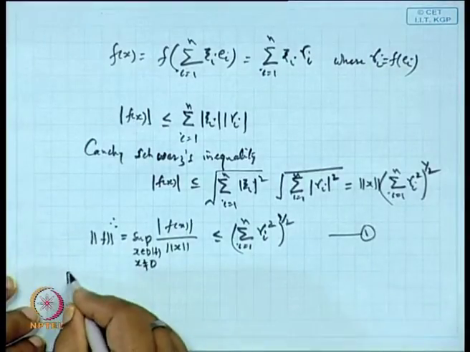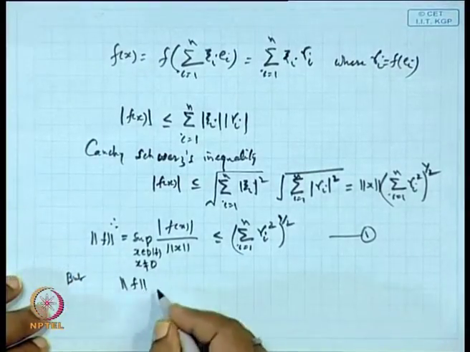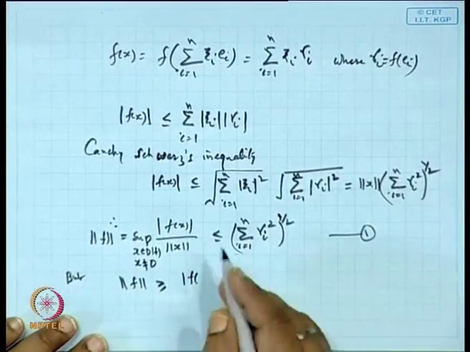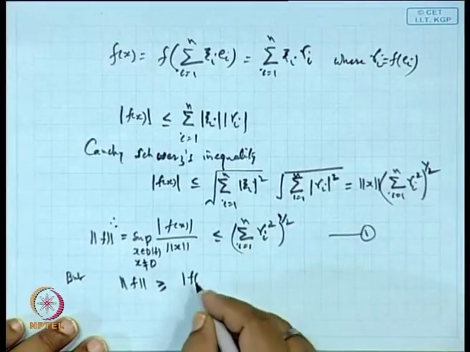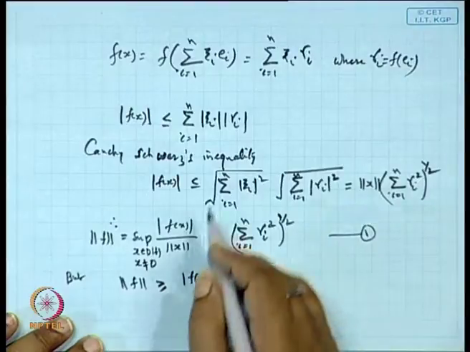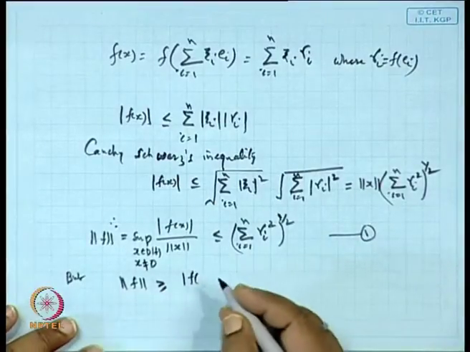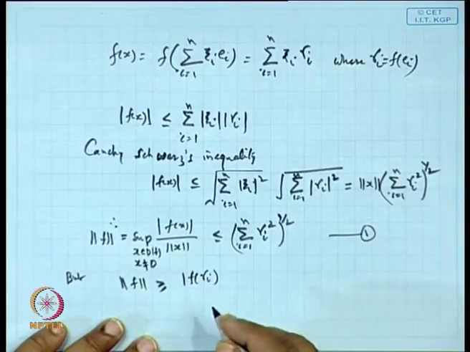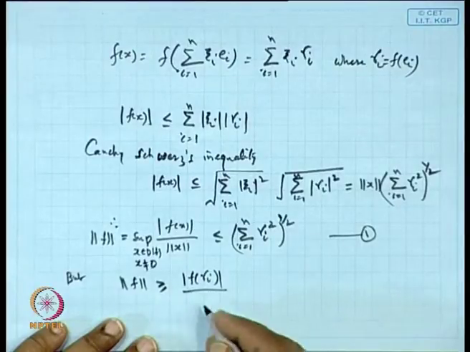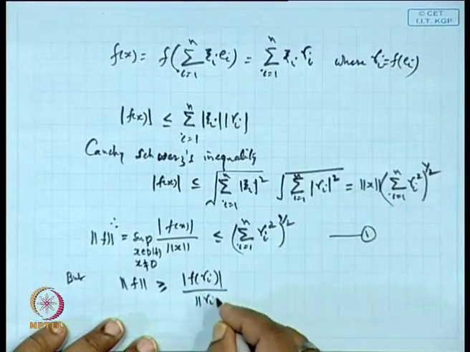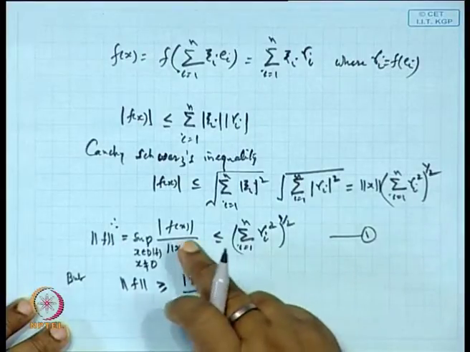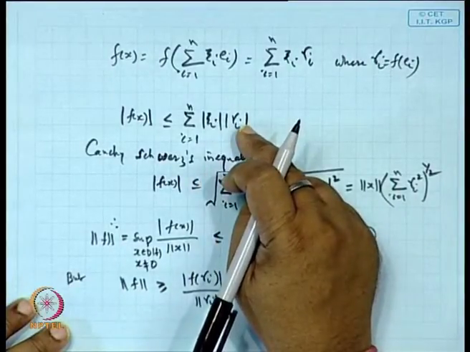But norm f is also greater than or equal to mod of f of x for a suitable choice. Say, we take gamma_i over norm of gamma_i. What does this mean? f of x is sigma x_i gamma_i.